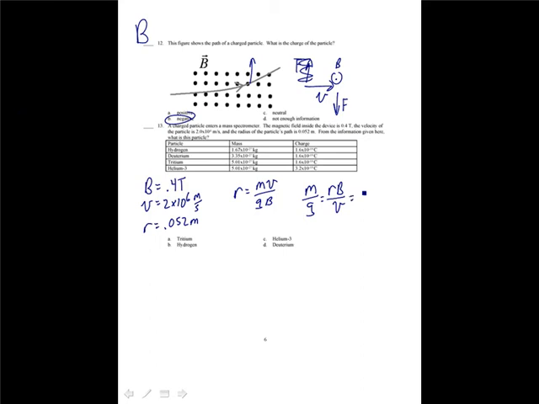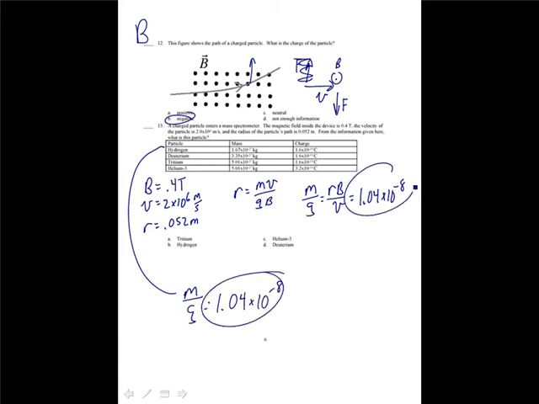This is equal to 1.04 times 10 to the minus 8. And then if we go up here and calculate m over q for hydrogen, this is also equal to 1.04 times 10 to the minus 8. So since we have a match here and here, the particle must be hydrogen. That's B.